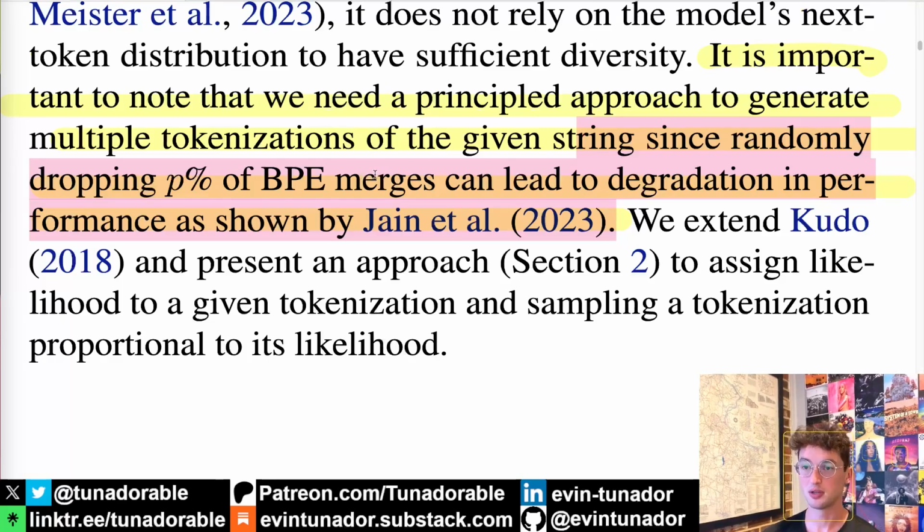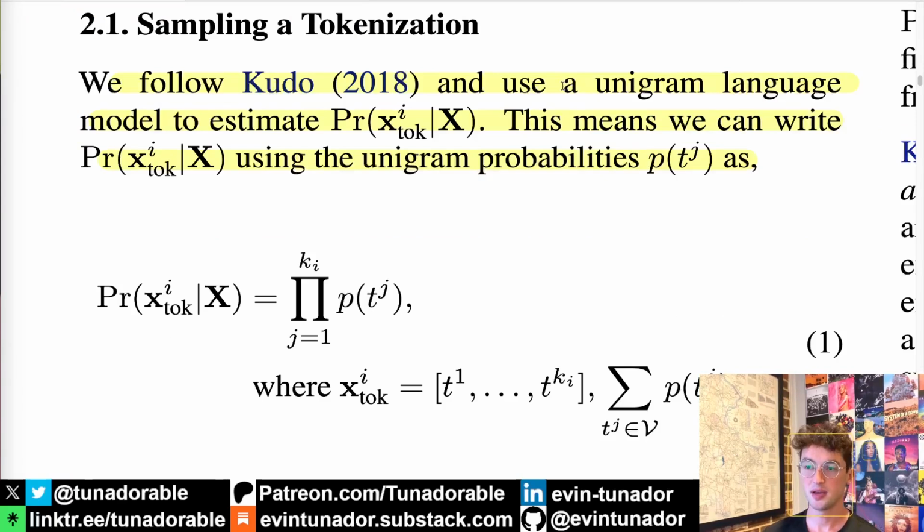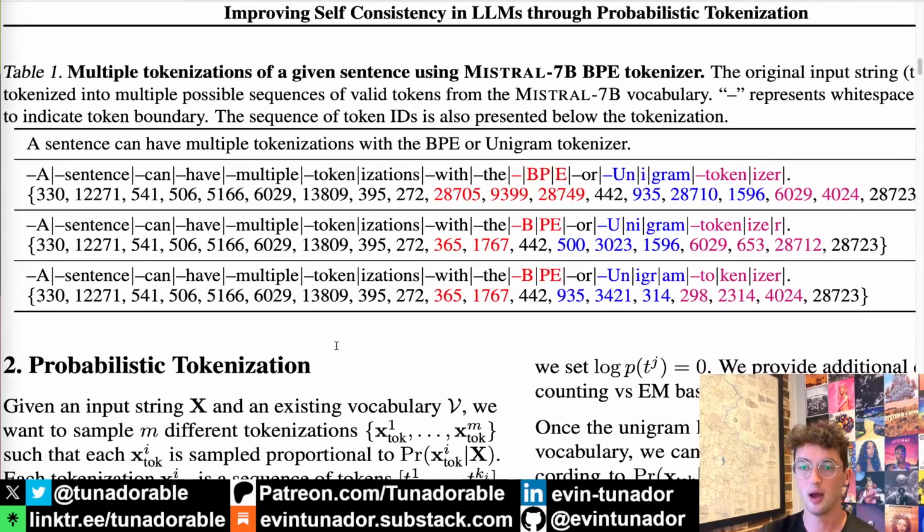That'd be kind of cool to see. So they use as a base just a unigram language model to estimate the probability of a given token. And we'll get back to how that works in a second.